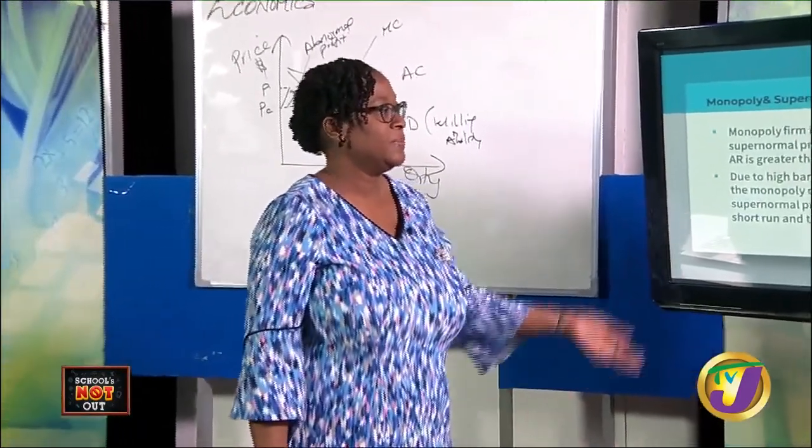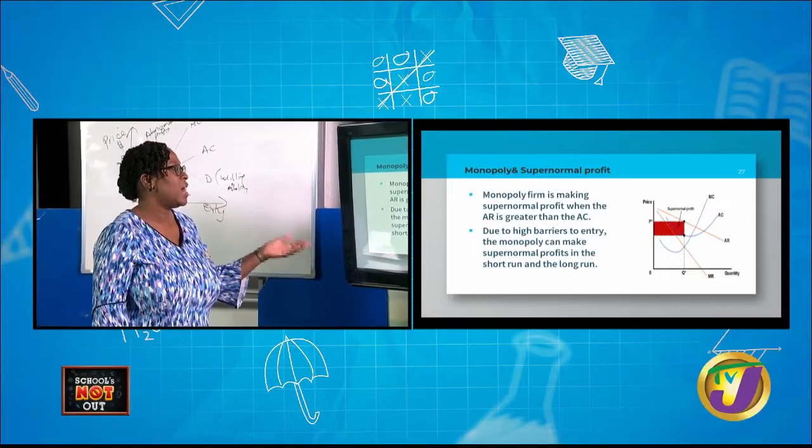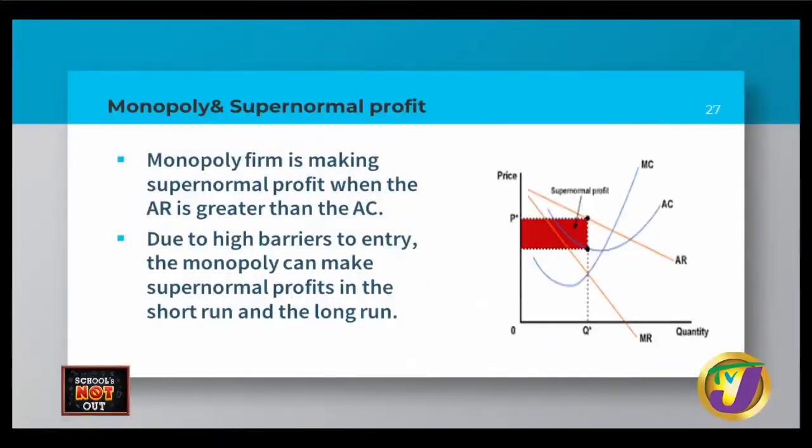Supernormal profit: a monopoly firm is making supernormal profit when the average revenue or price is greater than the average cost. And usually because of high barriers to entry, such as sole rights on certain resources or government regulation and licenses, the monopoly can make supernormal profit in both the short run and the long run.